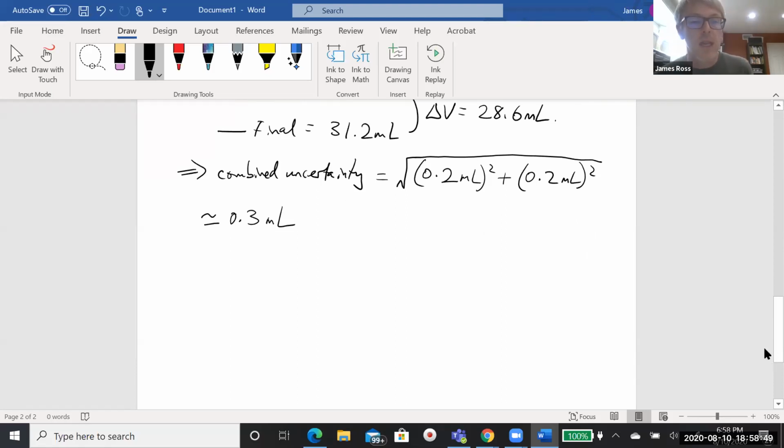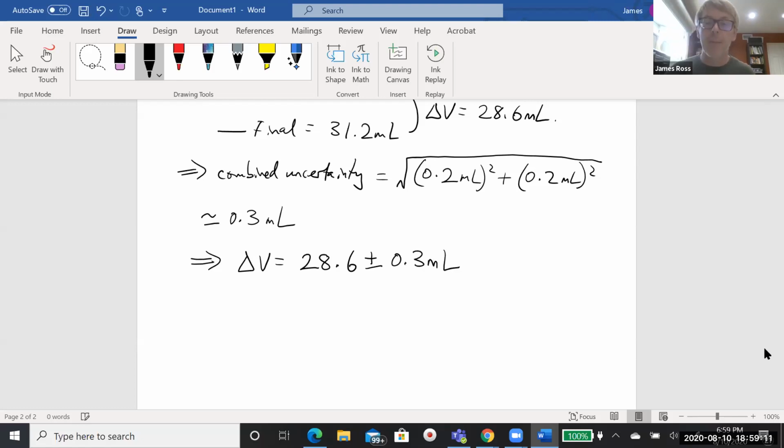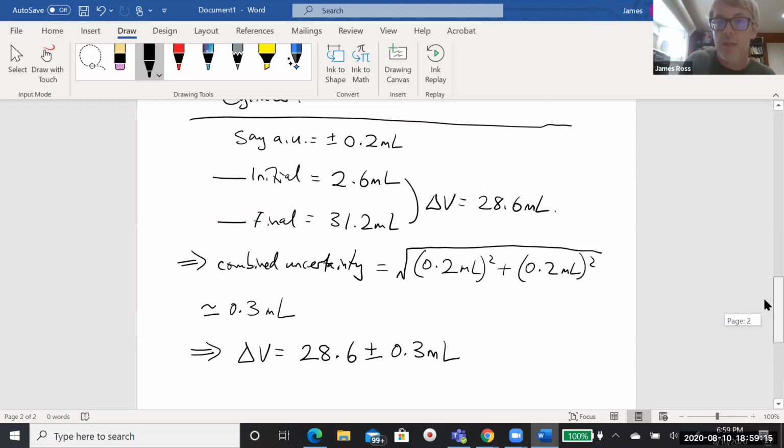So in this case, we would say that delta V is equal to the value that we calculated, 28.6, plus or minus the combined uncertainty, not the absolute uncertainty of the measuring tool, which was plus or minus 0.2.